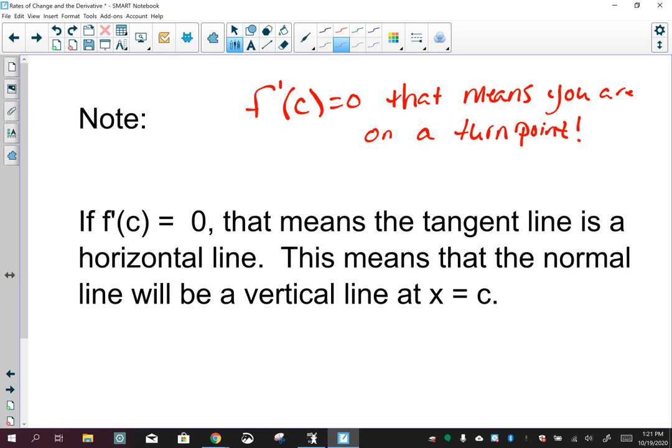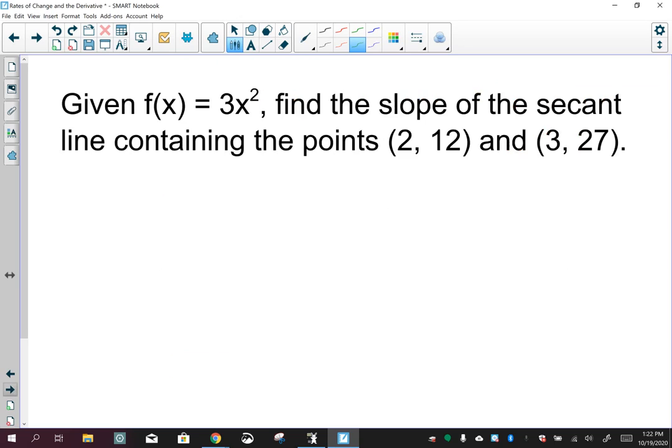You're on a min or a max somewhere. So you've got this graph over here and it's doing something like this, and you're either sitting here or you're sitting here. If you ever wind up with that, you're sitting on a turn point. That's all that means. Because you'll come over here with your tangent line and you'll just run it straight across just like that. So hopefully that's not going to be too bad.